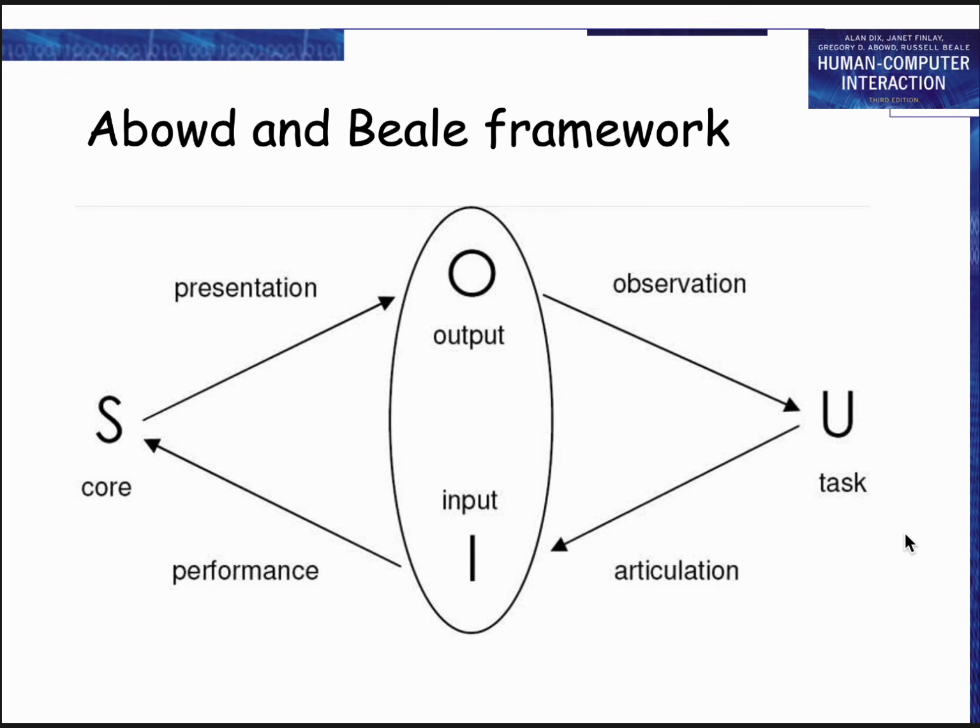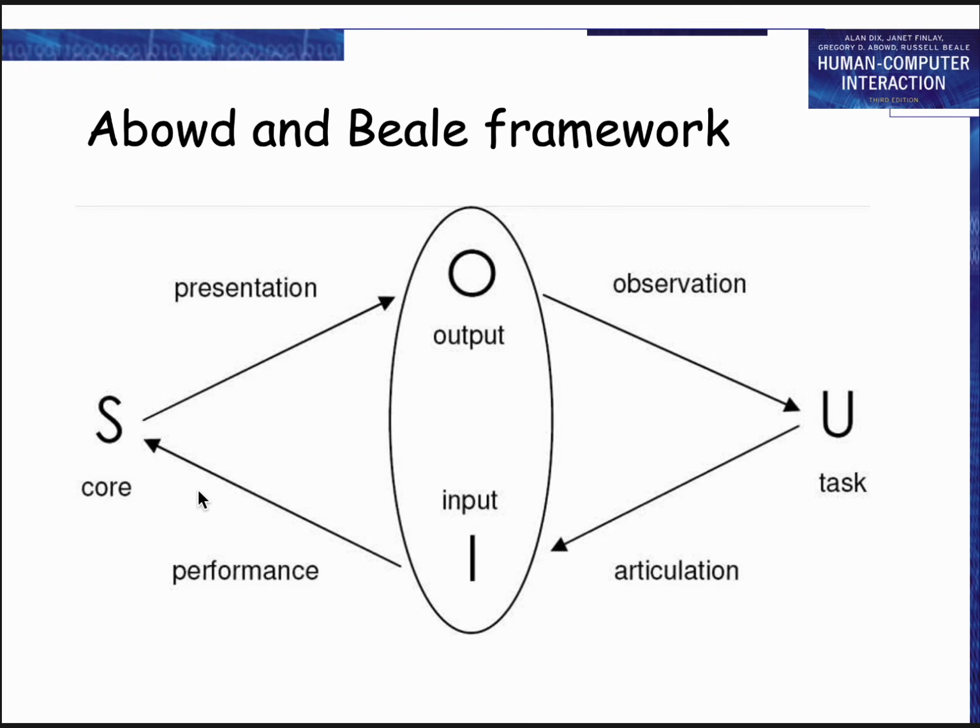So it says here that the user is the first to create the goal, and then he or she translates it or inputs it in the system or in a particular machine, and then the machine will try to translate it in a manner that the system will understand or perform.